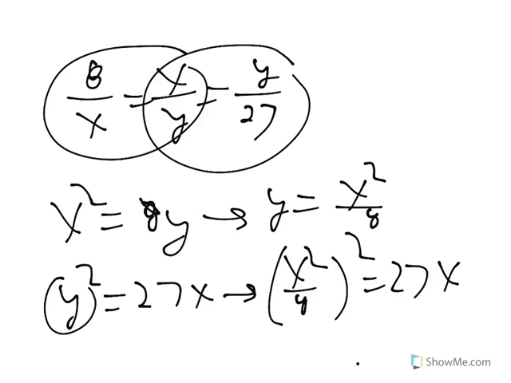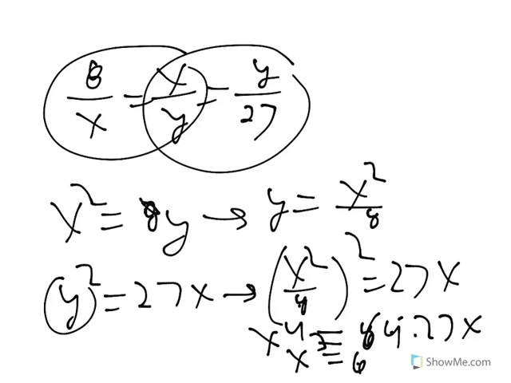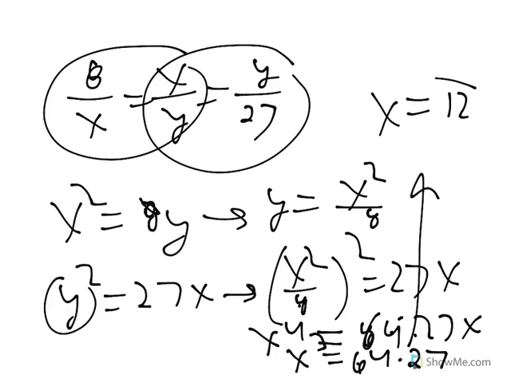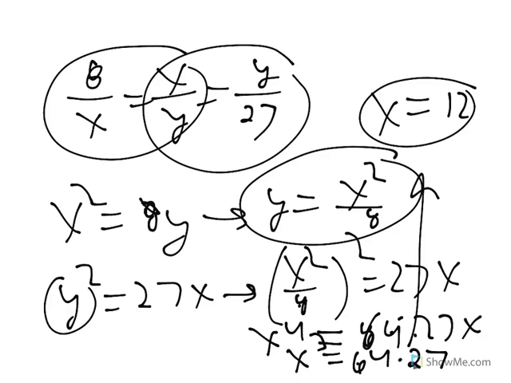This becomes x to the 4th over 64 equals 27x, or x cubed equals 64 times 27, which makes x equal 4 times 3, which is 12. And once you have x figured out, you could plug it into here. 144 over 8 equals 18. So that's how you find two mean proportionals.